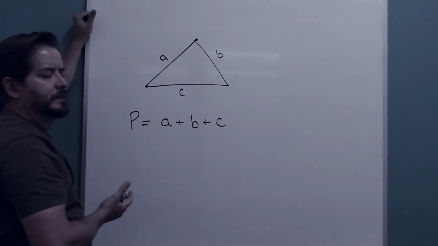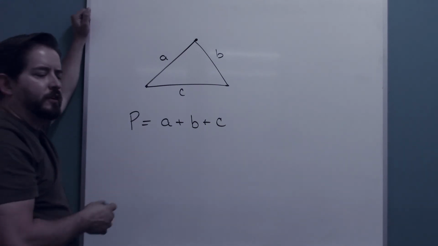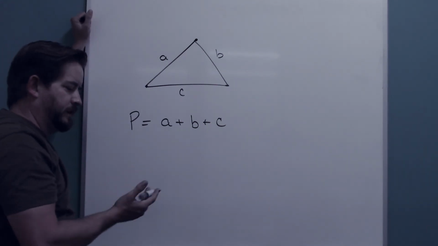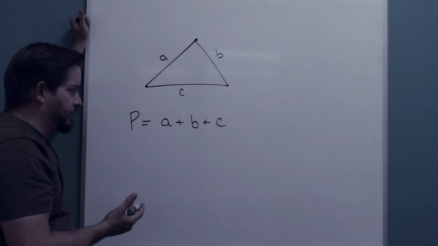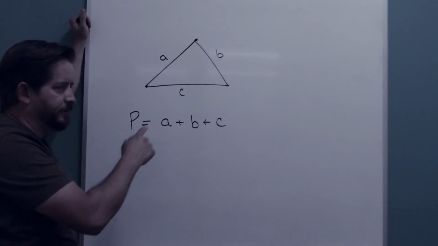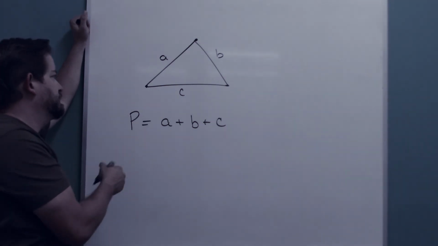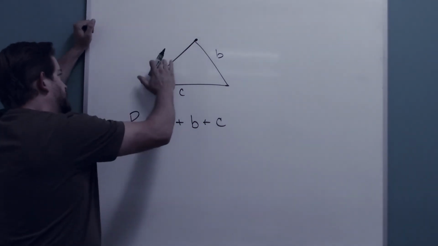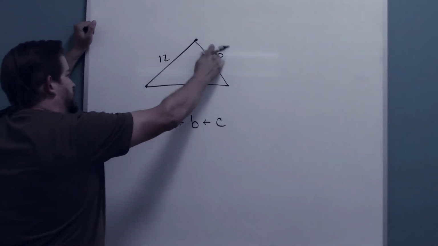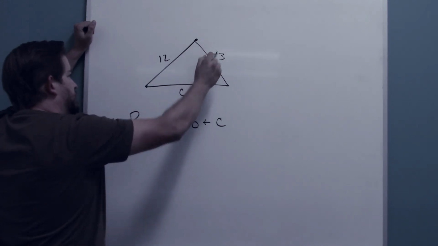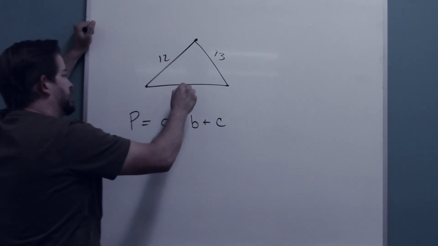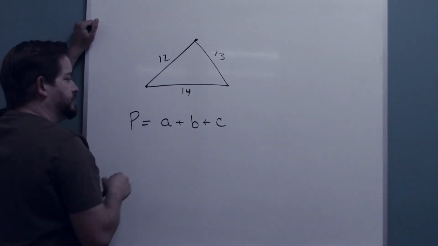So it's fairly easy. Any perimeter is just going to be the sum of all of the sides, right? If you have a nonagon, right, nonagon, you're going to have 9 different sides that you're going to add up. In this case, if I have values on here, if I have some triangle with actual numbers in here, I just have to replace these values.